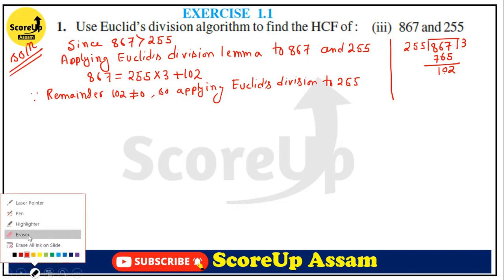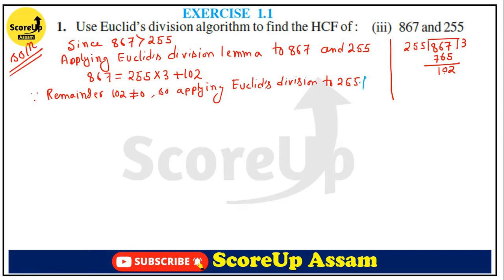So let's apply Euclid's division lemma to 255 and 102.